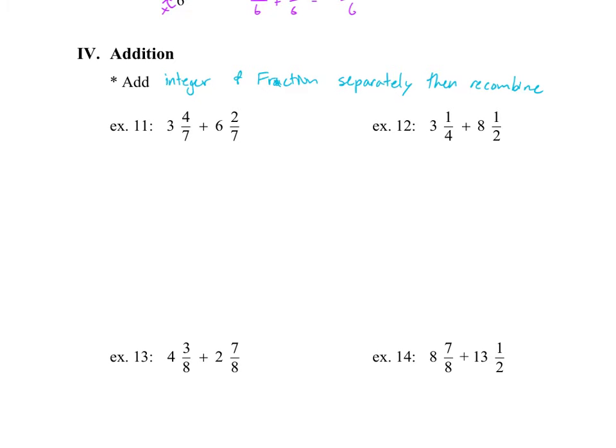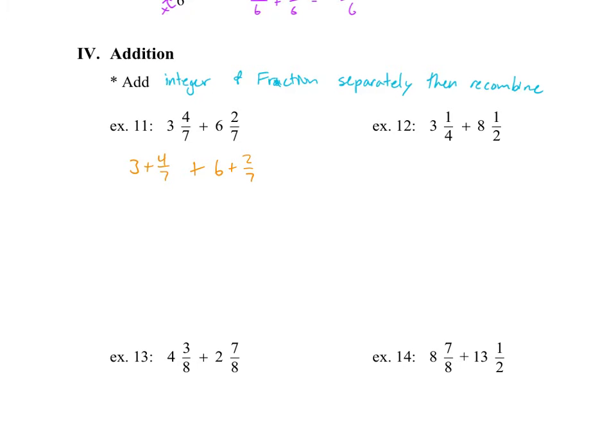So in this example here, I'm going to write this out. Again, I'm going to expand it out so you understand what we're thinking here. And then when you do it on your homework, you don't have to write all the steps. So I've got 3 plus 4 sevenths. Would you agree that 3 and 4 sevenths is the same thing as 3 plus 4 sevenths? Yeah. Plus 6 plus 2 sevenths.